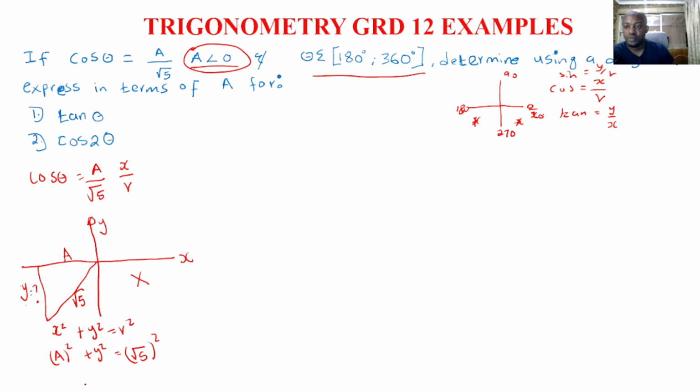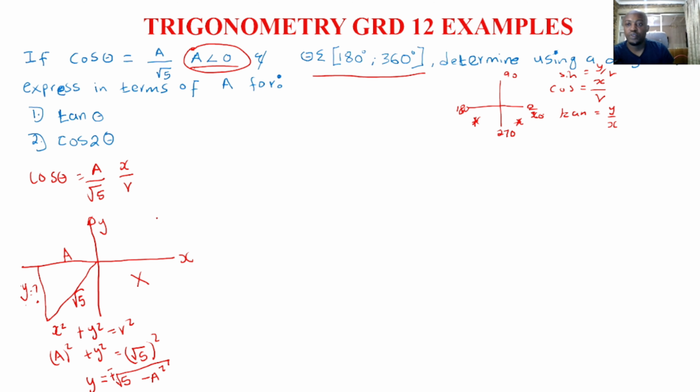Therefore, when you solve this all together, it's going to give you 5 minus a squared, and therefore the square root. Okay, there you go. So we need to decide if y is going to be positive or negative. In this case, it's going to be negative because y here is negative.